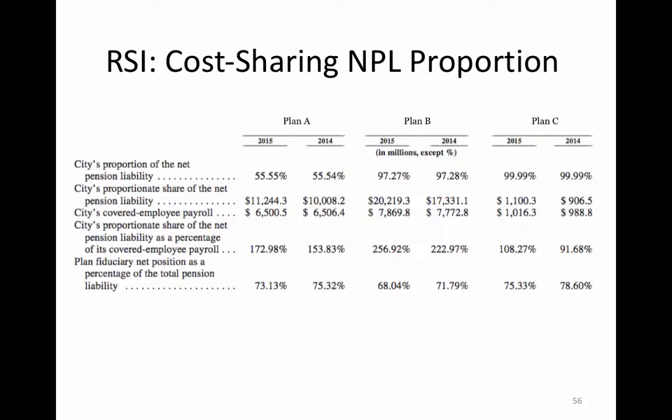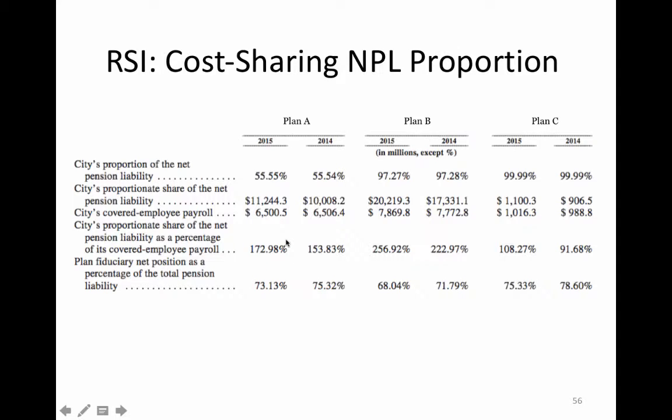For governments in cost-sharing plans, they're going to give a 10-year schedule that shows their proportions and their proportionate shares of the net pension liability over the last 10 years. So you'll get to see if those are changing and by how much. They'll present their covered payroll and then present a ratio of their net pension liability divided by covered payroll.